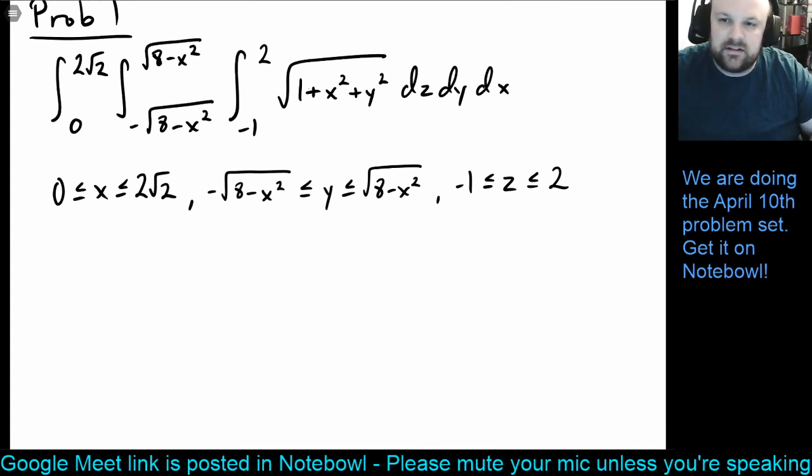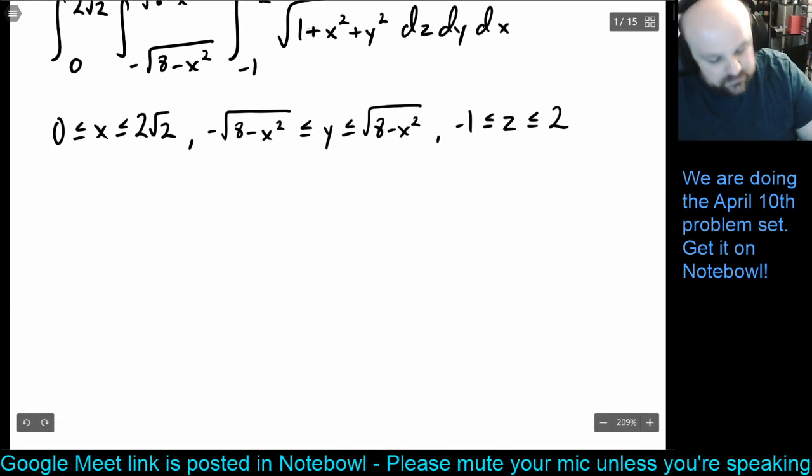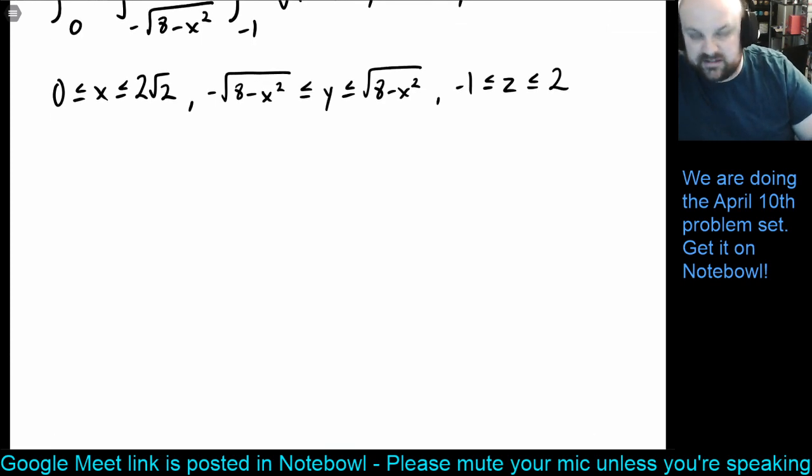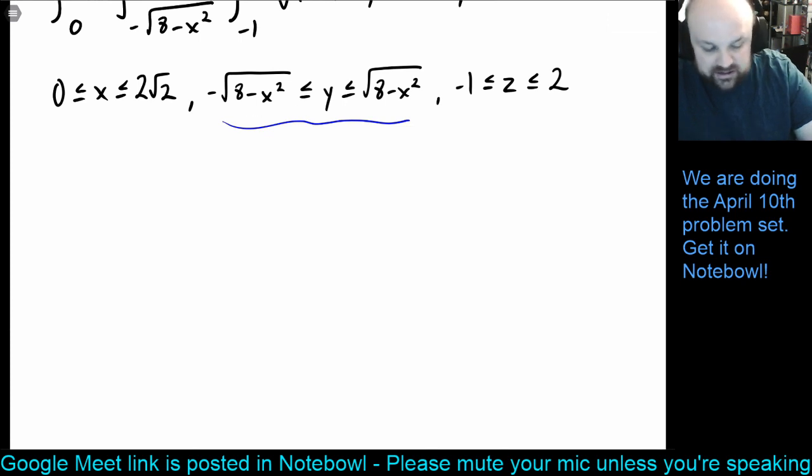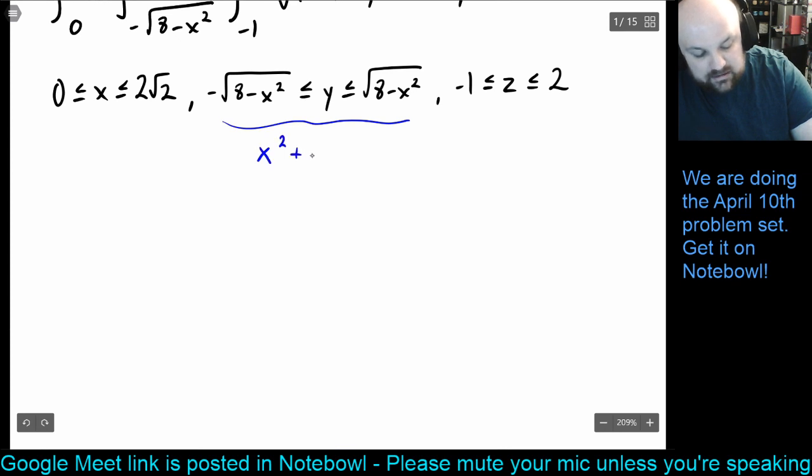So the question is, well, what is this shape? Let's just ignore z for the moment and focus on the x and y region, because this is going to be sort of the shadow of our shape. What this is telling you, if you pick either equation here, is that we're inside this circle.